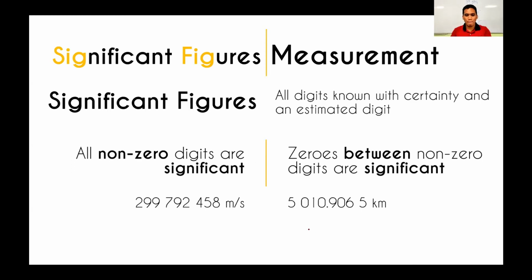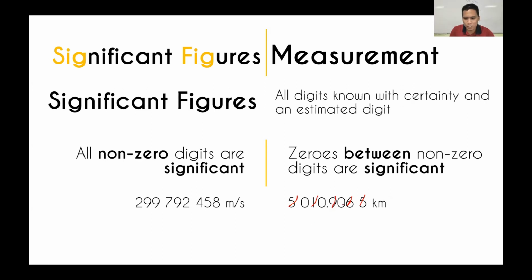Okay, first, all non-zero digits are significant. So we have 1, 2, 3, 4, and 5. So they are all significant. Next, the crucial part is in the zeros. According to the rule, zeros between non-zero digits are significant.